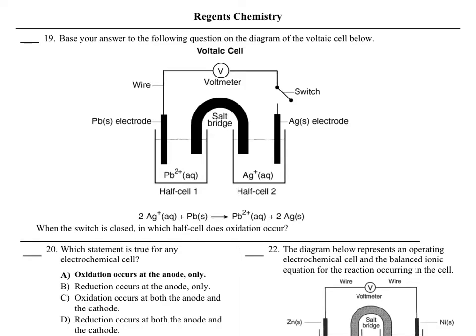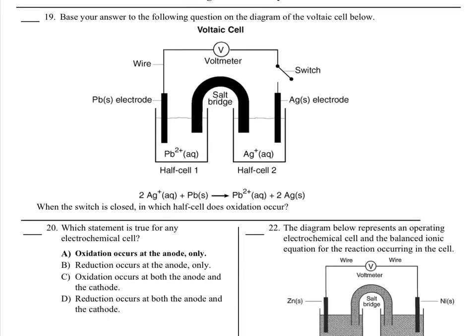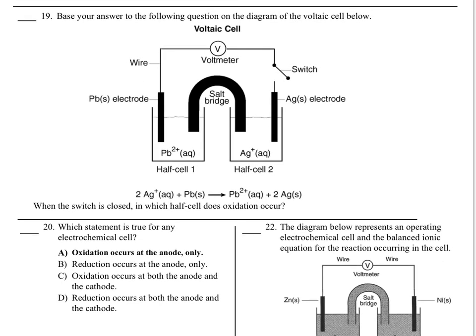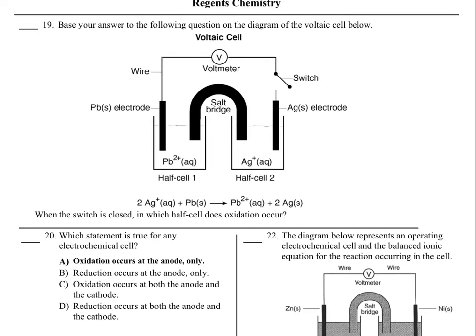All right, 19. Base your answer to the following questions on this diagram. When the switch is closed, in which half cell does oxidation occur? All right. Oxidation, I remember, an active ox, and so I remember that of my metals, Pb and Ag, whichever one is more active will be the anode.